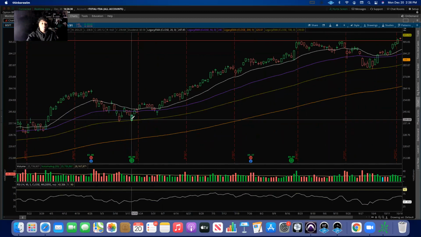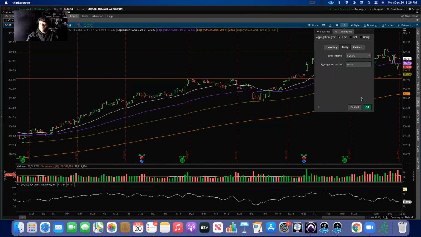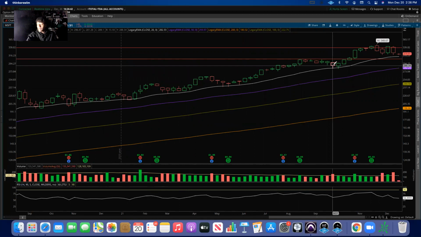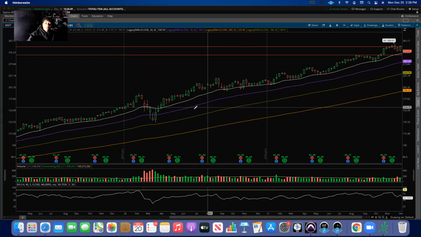Let's look at it on the weekly chart to see if we can get a different perspective on it. Wow. Even the 20-day on the weekly, look how many times it touched the 20-day on the weekly and bounced back up. I can't even speak right now, I'm so excited. Look at this.